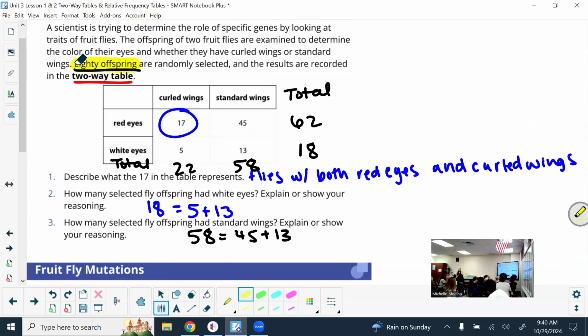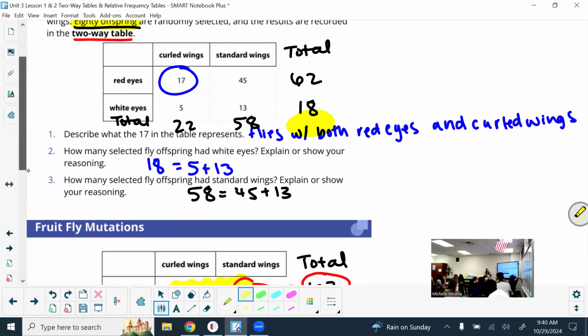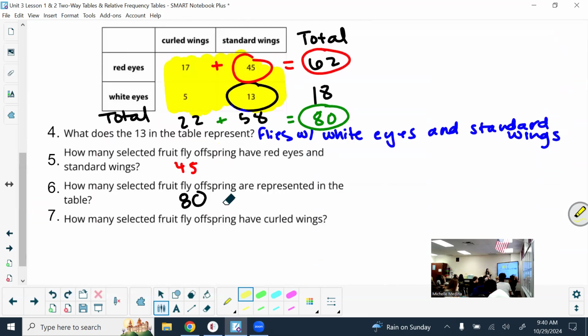That's an easy way for the test to try and trick you, to make you think that you don't have enough to complete your table, because they usually tell you how many they surveyed in everyday language, in words. You just have to read it carefully, and that would go here on your table where the totals intersect. All right, so yes, 80 offspring were examined. So that's the answer to number 6 and 8.